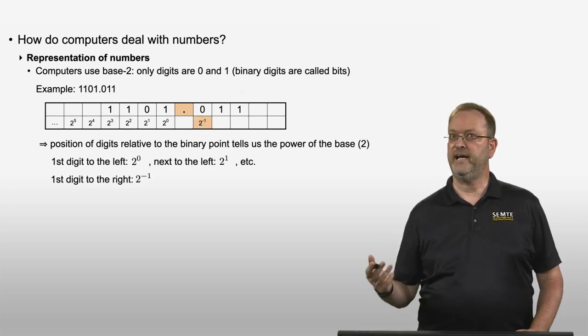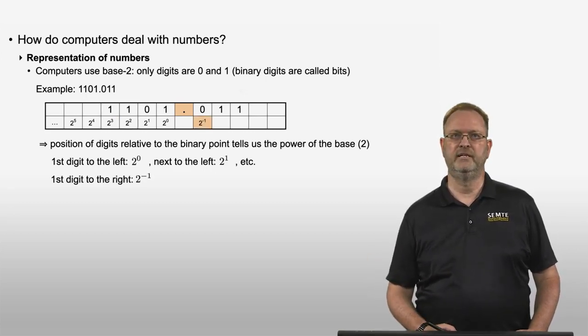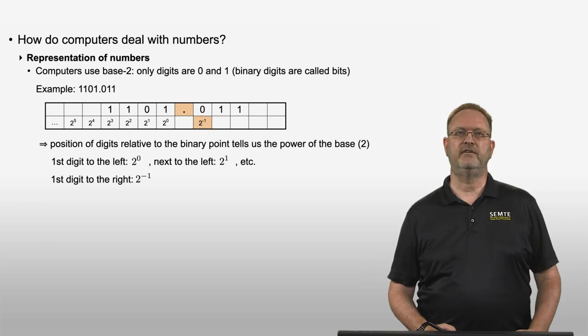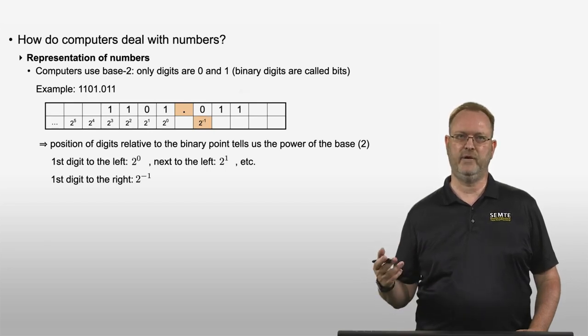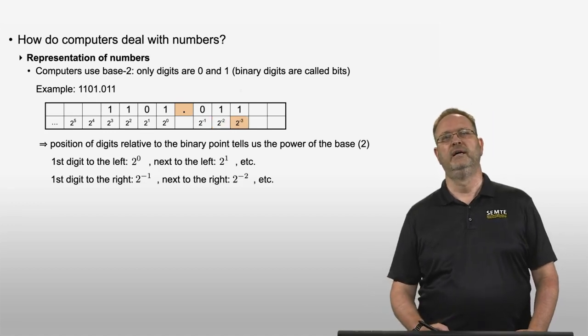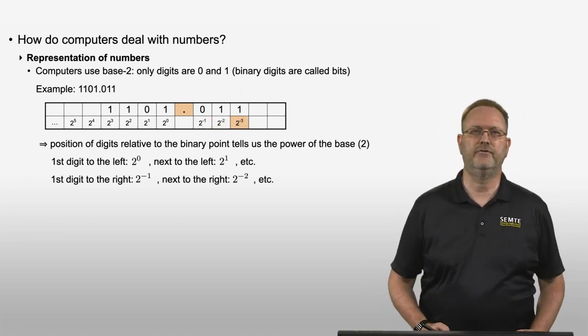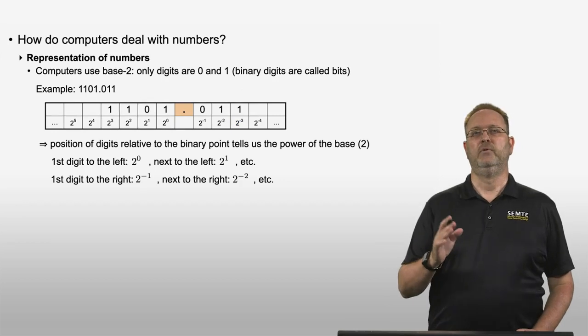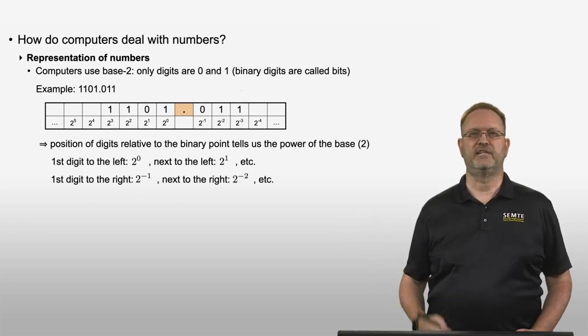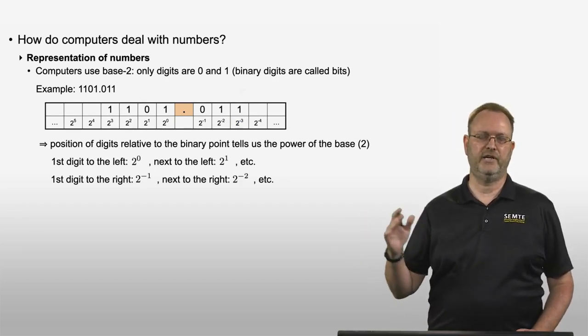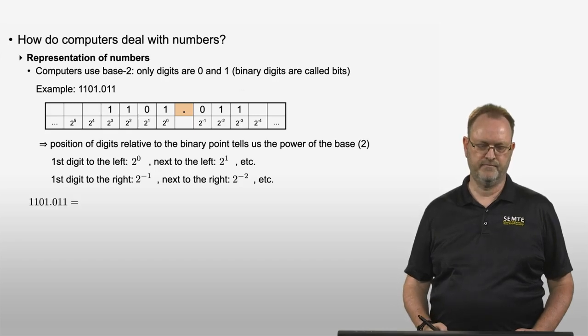If we go to the right of the binary point, the first digit to the right would be 2 to the power negative 1. The next digit over, 2 to the power negative 2. The next one, 2 to the power negative 3, and so on. We would continuously decrease the exponent by 1 for every digit that we go over to the right.